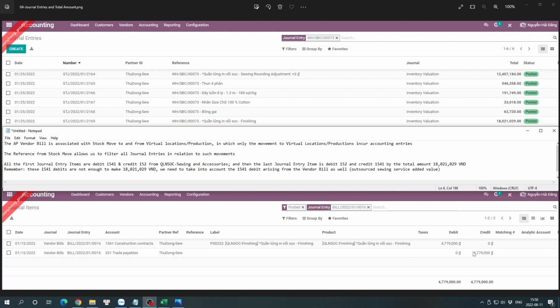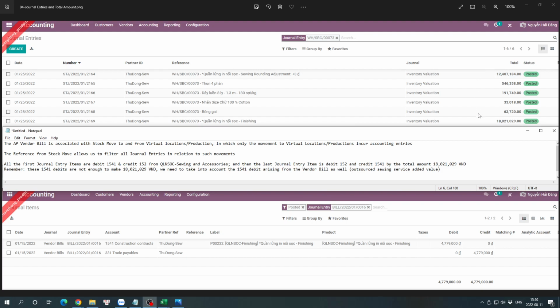You go down here and add 4.7 million. You will get to this total of 18 million. So the consumption of all of these input accessories as well as the work in progress, together with the value created by this vendor bill for subcontracting service landed cost, would give you a total of 18 million.